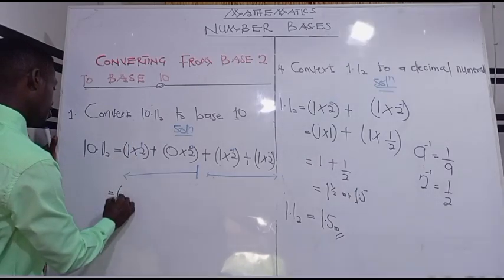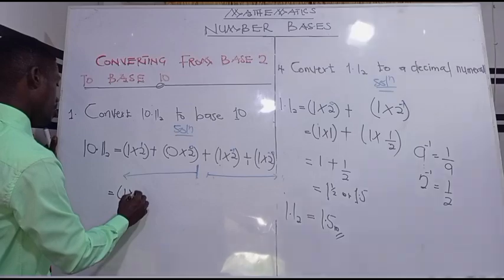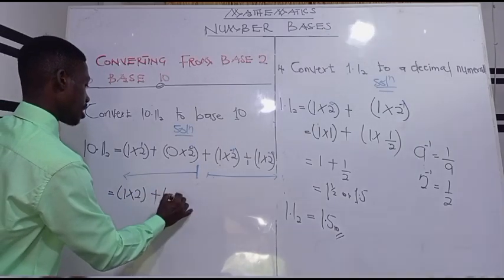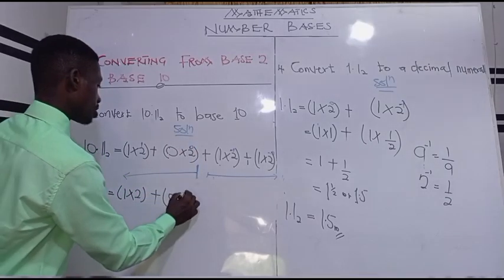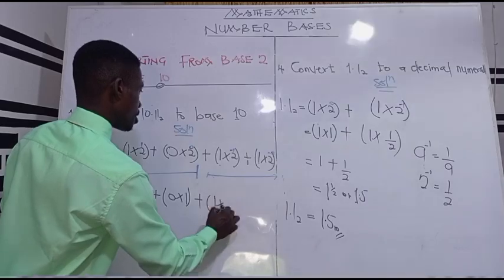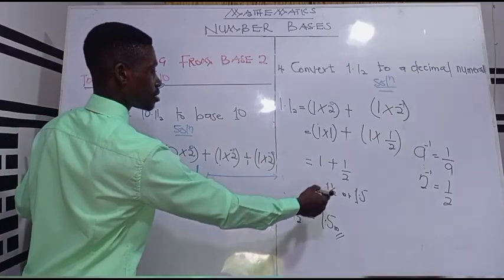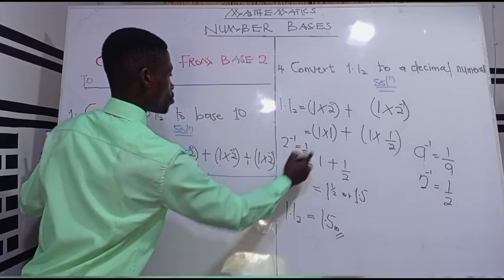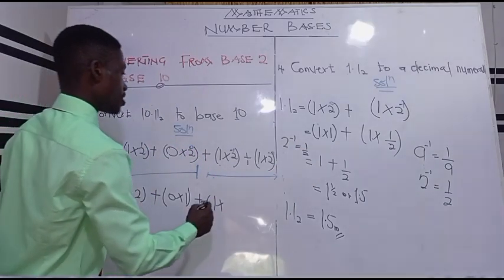So 1 times 2 power 1 will give us 2, plus 0 times any number raised to the power 0 is 1, plus 1 times 2, as I said earlier on, 2 exponent -1 is the same as 1 over 2 in indices, negative reciprocal.